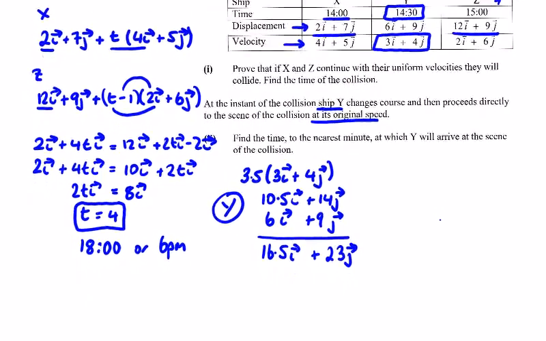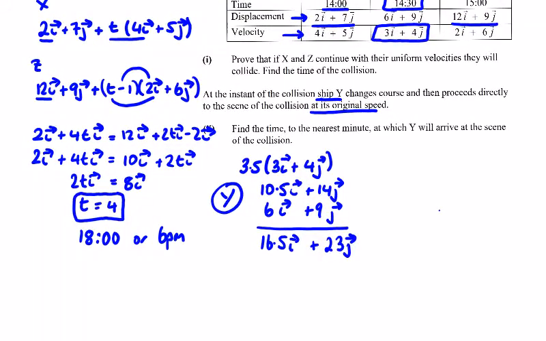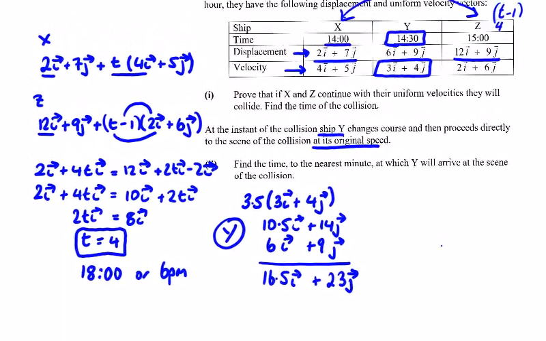So let's just do a little sketch here. Okay, let's work out where the collision takes place. We know t is equal to 4. So X is in position 4 fours are 16 and 2, so it's going to be 18i. And then the j component is, 4 fives are 20, plus the 7 is 27j.